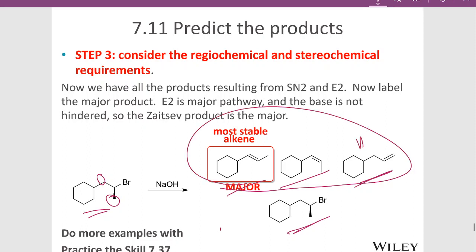This is our Hofmann product over here on the right. So it's going to be a minor product unless we use a big bulky base. So we have to choose between these two. Now remember, I figured out that E2 is going to be major from that chart. Well, the cis is less stable than the trans. So trans is going to be our major product.